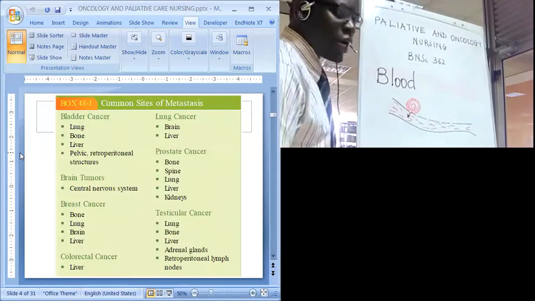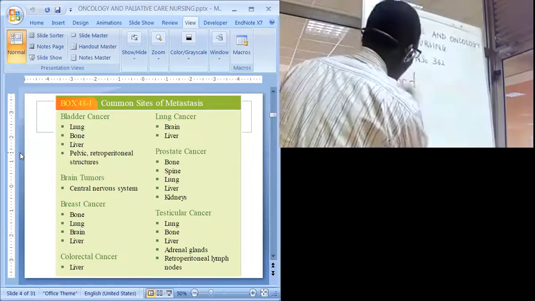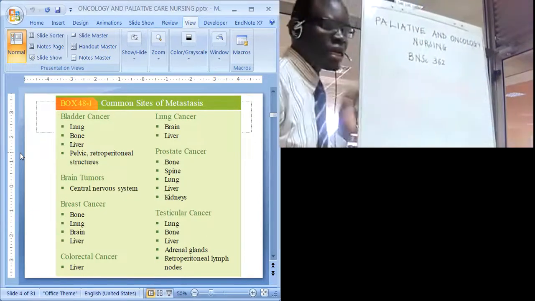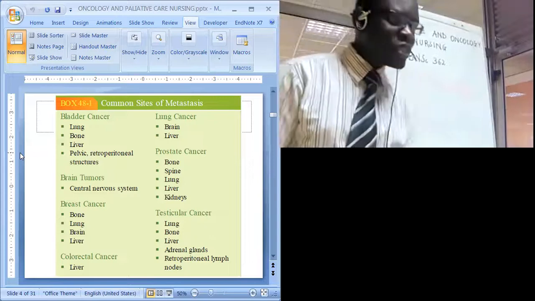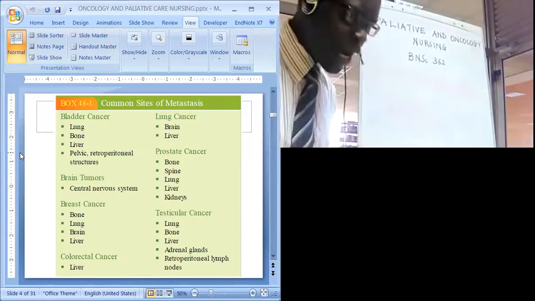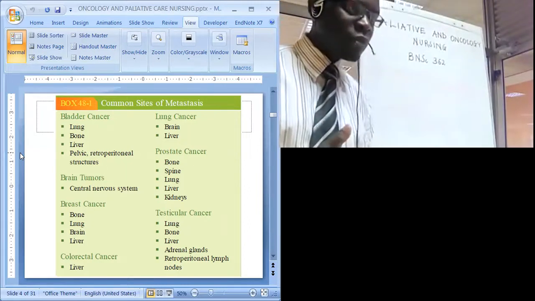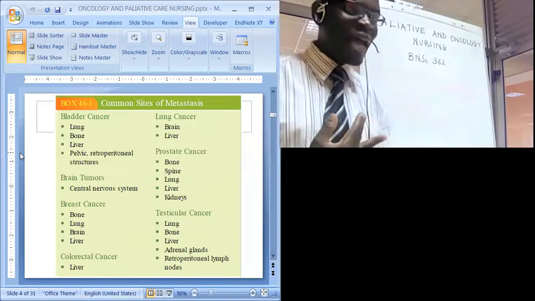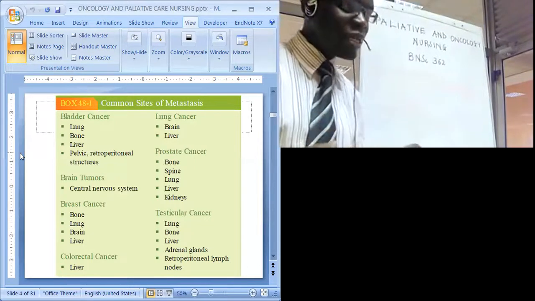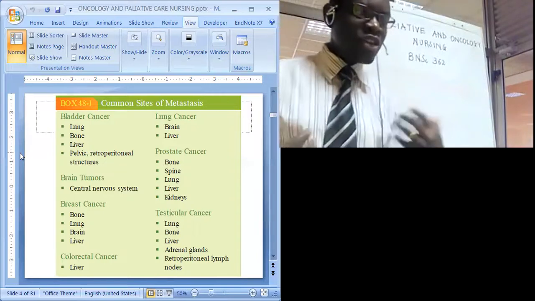Now, this diagram or this slide shows us the main or the common sites of metastasis. In other words, what are those common sites or organs where we see these metastases. For bladder cancer, it basically spreads around the adjacent areas.